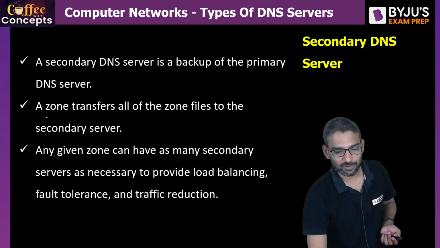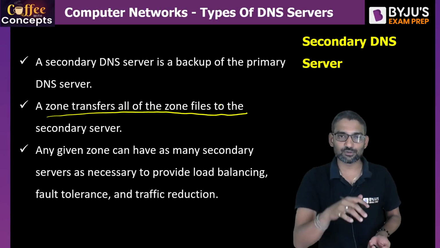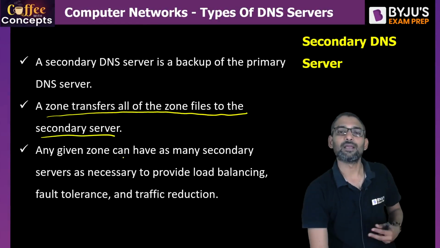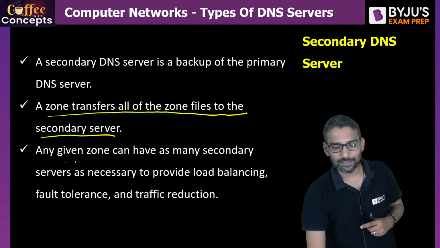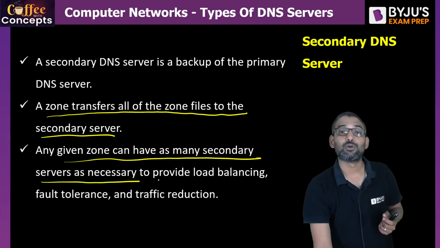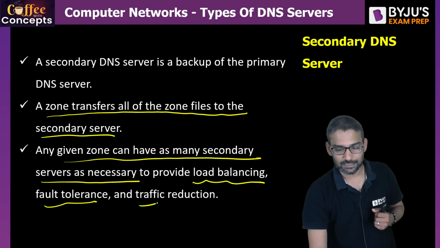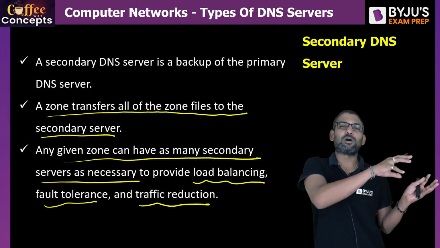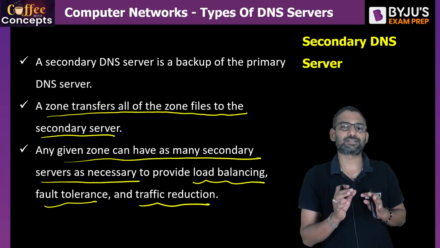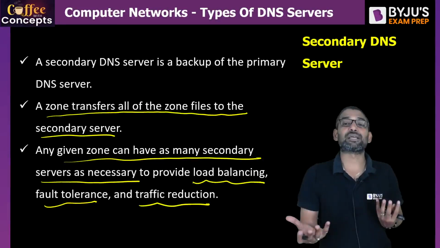In a zone file transfer, all those files are transferred to the secondary, because it is just a duplicate, backup, replica. Any given zone can have as many secondary servers as necessary. Why? To provide load balancing, fault tolerance, and traffic reduction.